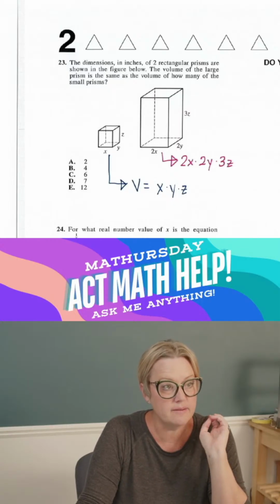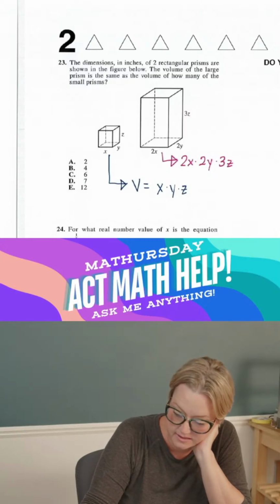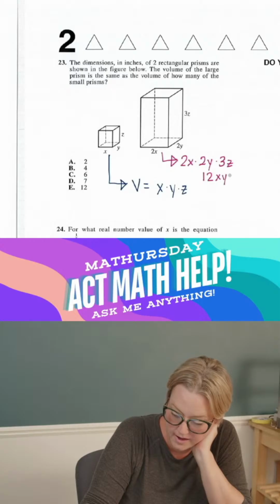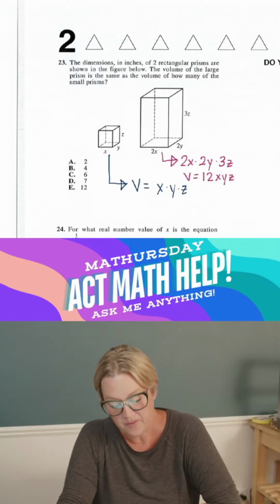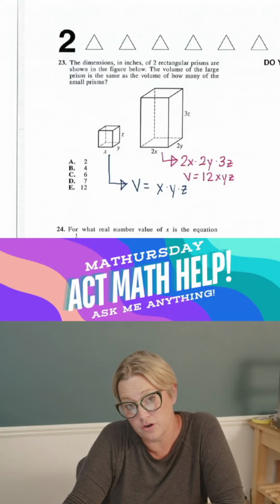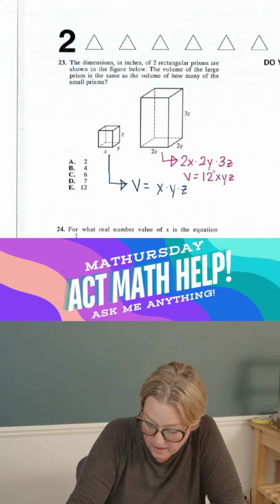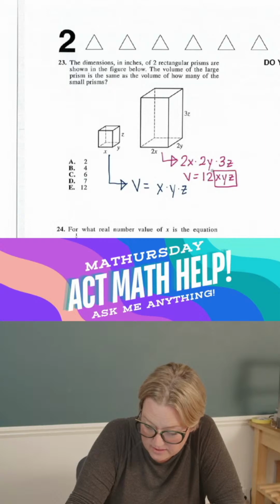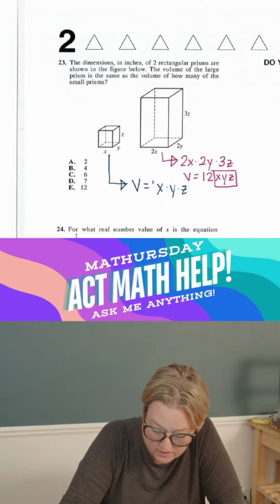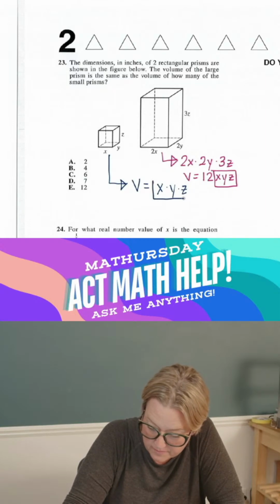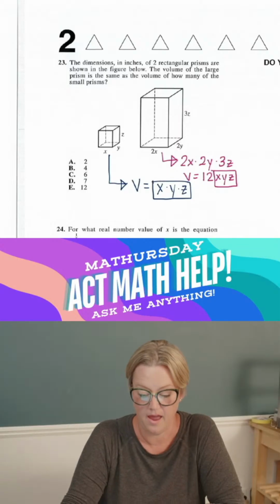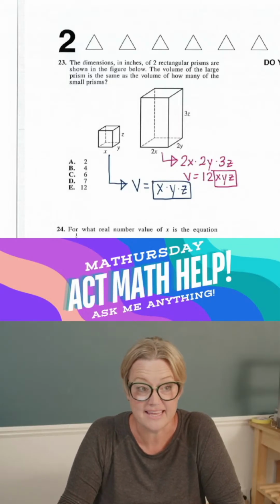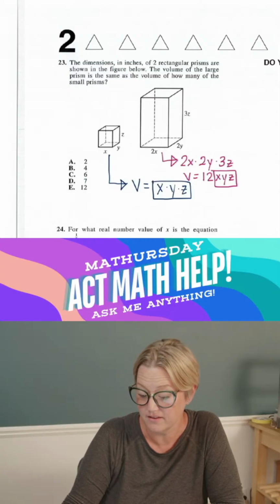Now 2X times 2Y times 3Z is 12XYZ. So the volume of the larger prism is 12 times the volume of the smaller prism. So that would lead us to think that the answer is E, right?